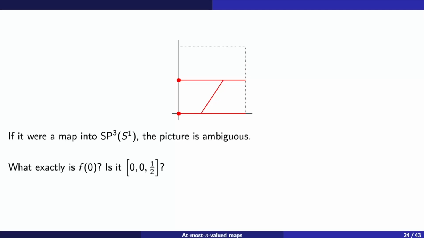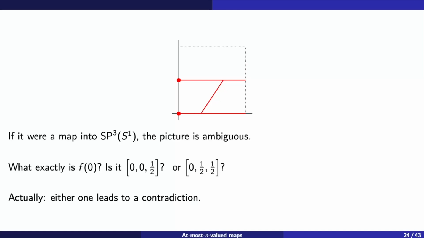When I look at those 2 points as an unordered triple, am I talking about 0, 0, and 1/2, or am I talking about 0 and 1/2 and 1/2? If it's an unordered triple, but I only have 2 different points, then one of them has to be repeated. And just by looking at the picture, you can't tell which one I mean. So the picture is no longer enough to specify the function entirely.